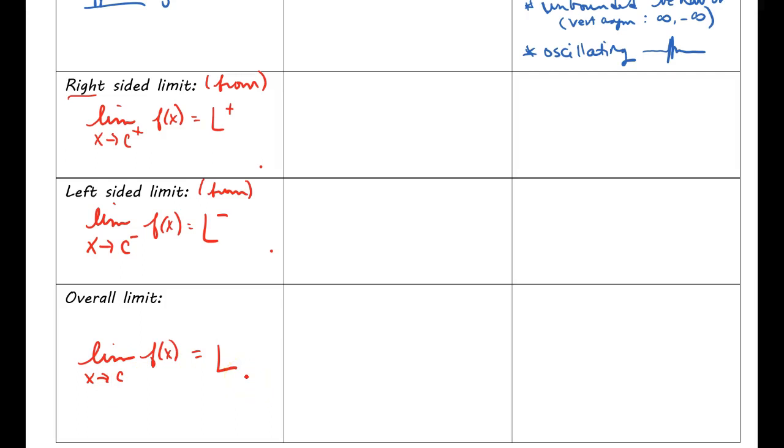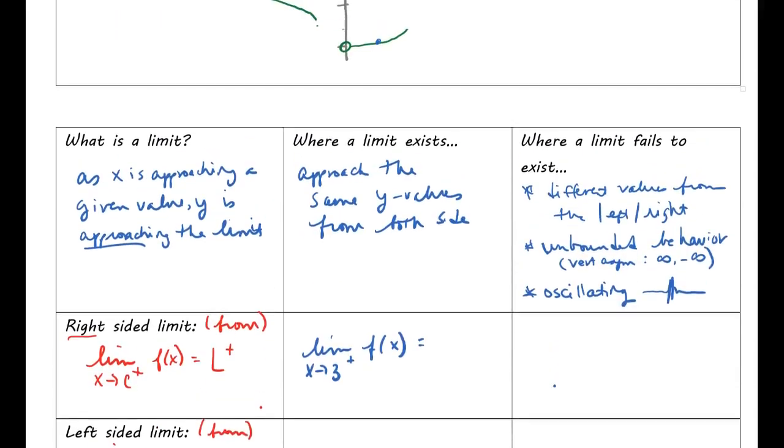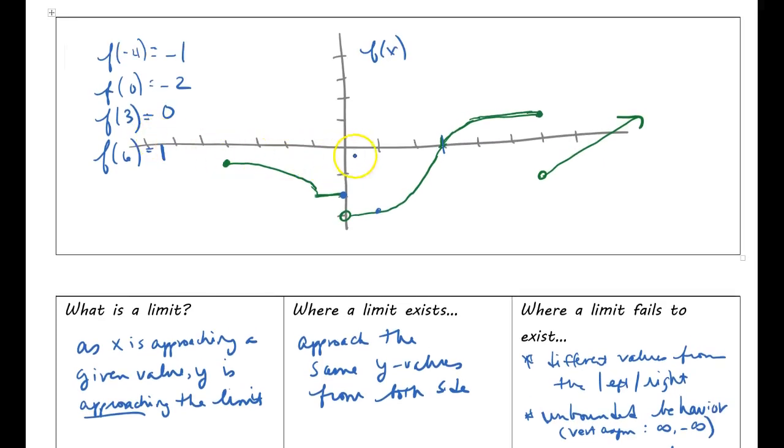Now I'm going to show you with specific examples from above, okay? Let's go ahead and look at the limit from the left. I said left, but I wrote right, sorry. Let's look at the limit from the right of the picture as x is approaching 3. Okay, now if we go back up and look at x approaching 3, we're going to go to our graph.